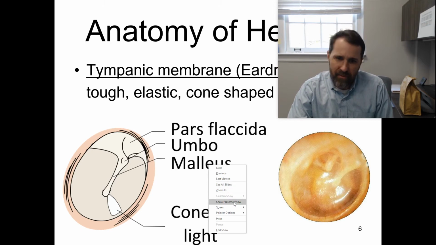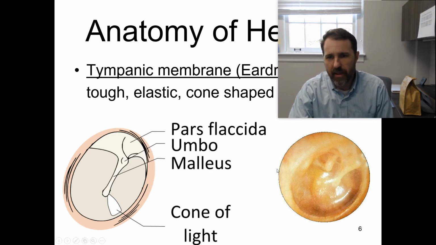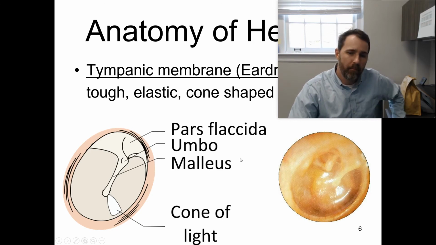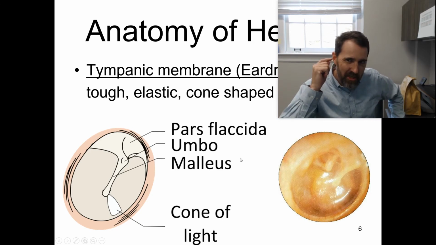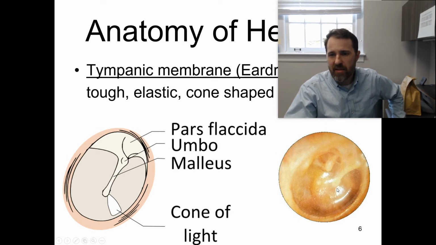So I know enough to know that when I am looking at the tympanic membrane and the otoscope shines a light down there, I should see this image right here, this reflection. That's known as the cone of light.